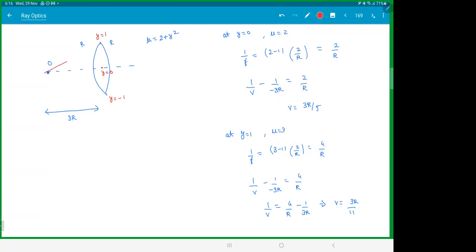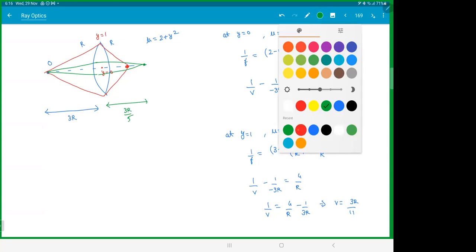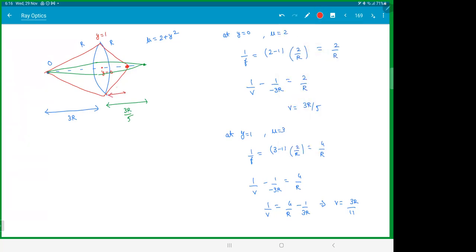So basically, this 3r guy is meeting close here. These light rays here will meet somewhere here. So this is 3r by 5. This is 3r by 11.